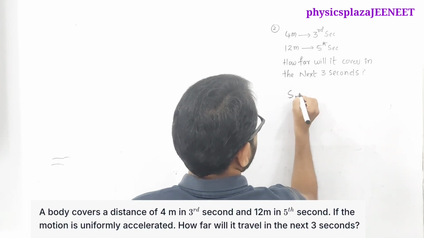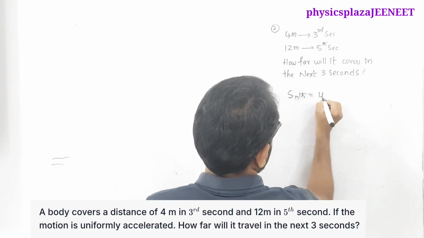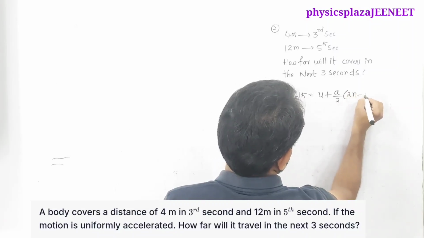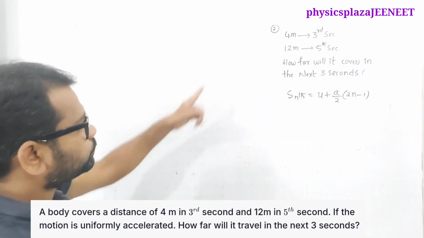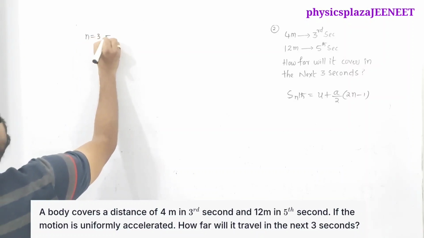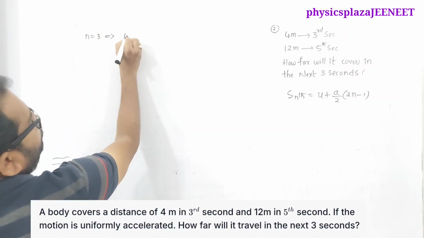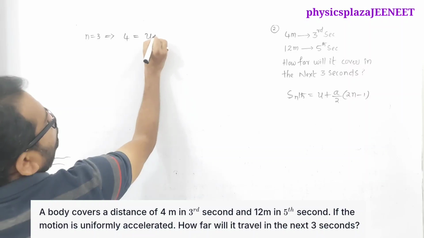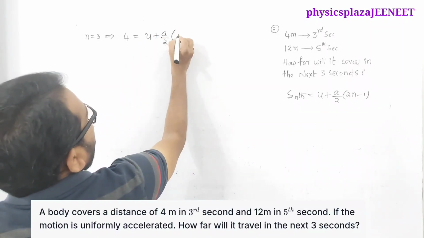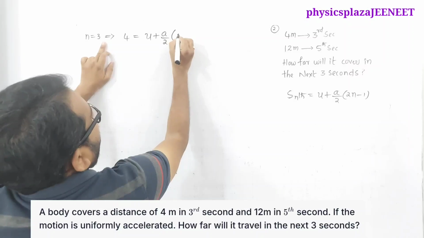Distance covered in the nth second is equal to u plus a by 2 into 2n minus 1. Now distance covered in the third second will be 4 is equal to u plus a by 2 into 2 into 3, 6, minus 1, 5.